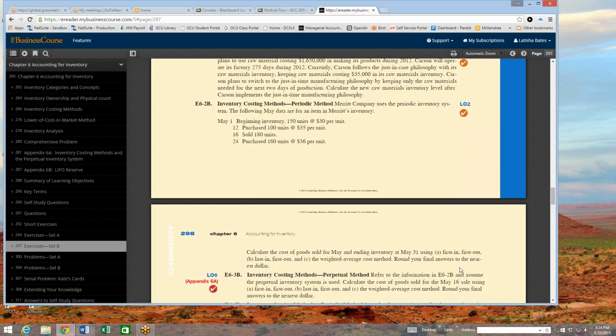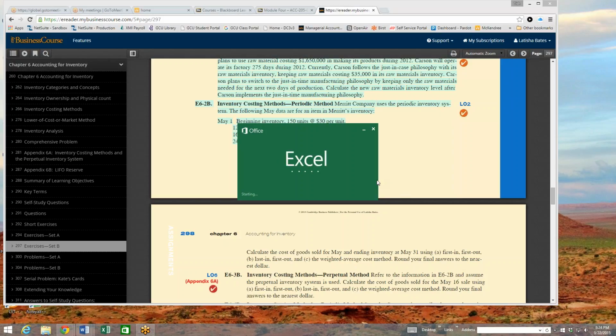So to help you with the first in, first out method, you have to understand that when it says first in, first out, it wants you to use the amount that was purchased the latest. Okay? So in this case, the amount that was purchased the latest is 160 units at $36 a unit. Okay? So first in, first out inventory would be calculated by doing, let me pull up an Excel spreadsheet here.